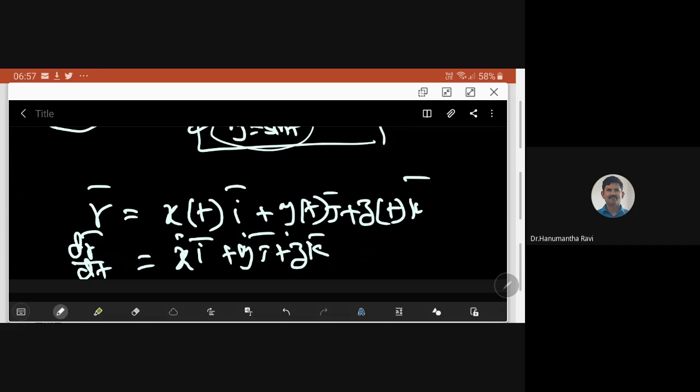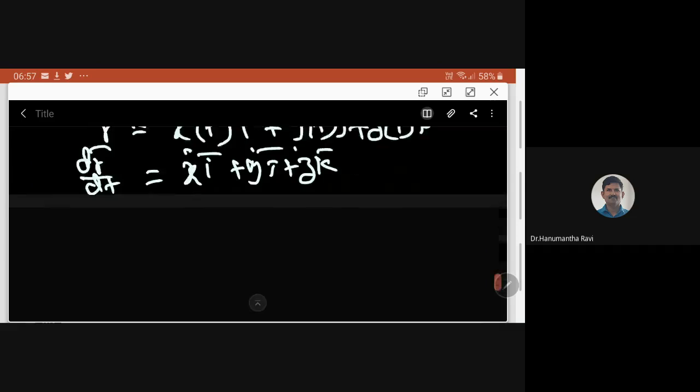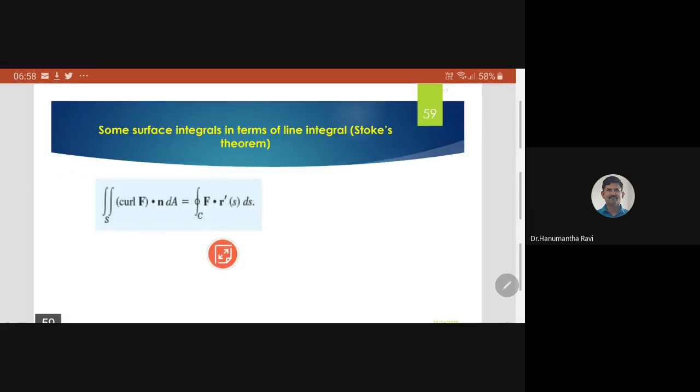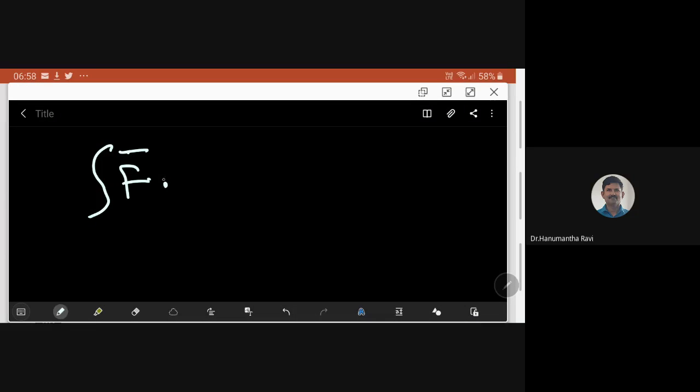So see here why I'm telling you about this. In Stokes theorem I'm talking about f bar dot r bar dash ds. Here we have a closed curve.